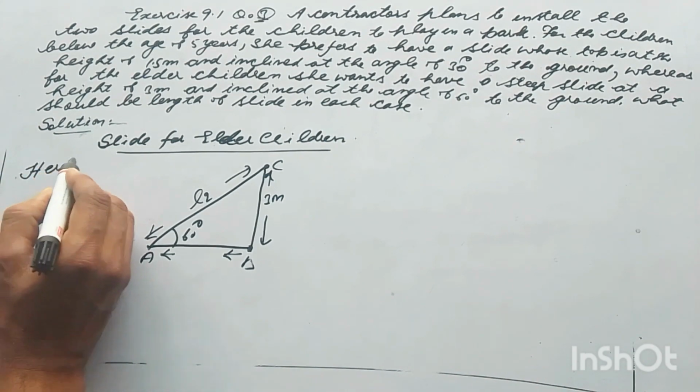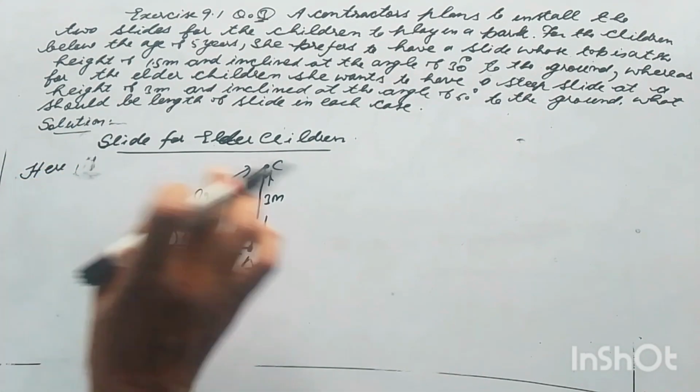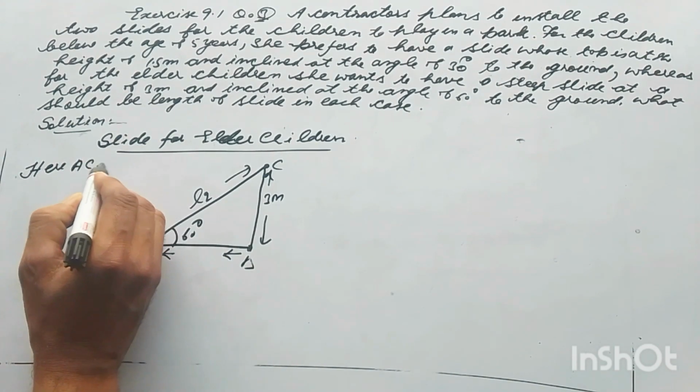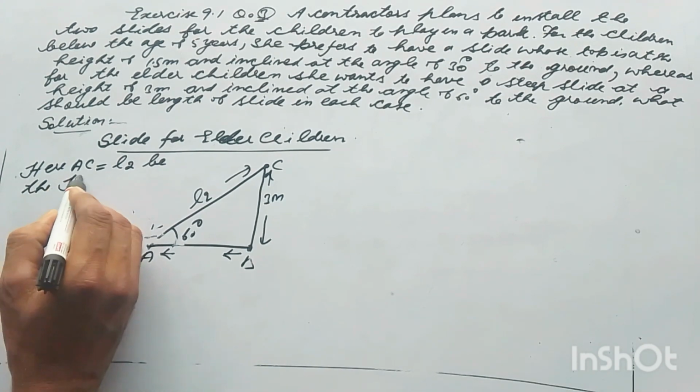Here AC equal to L2, with the length of the slide.